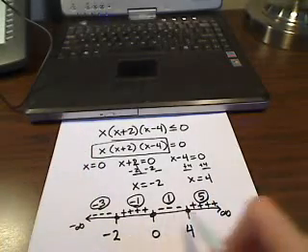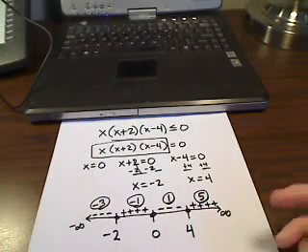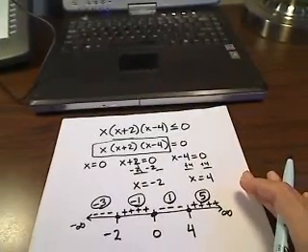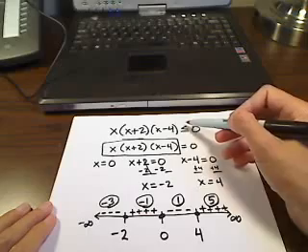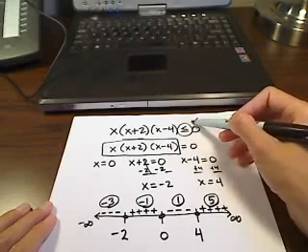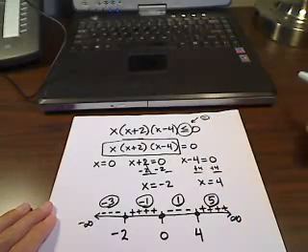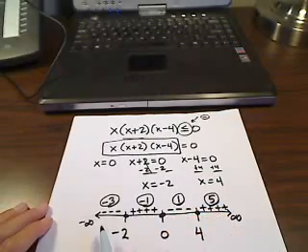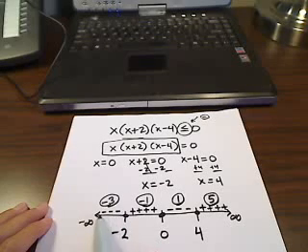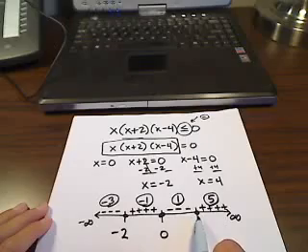Once you have your number line with your signs on it, you have to decide which portion you are looking for, the greater than or the less than. When it says less than 0 here, they're telling me I'm looking for the negative values, because if you're less than 0, then you have to be negative. My negative values occur from negative infinity to negative 2, and also from 0 to 4.